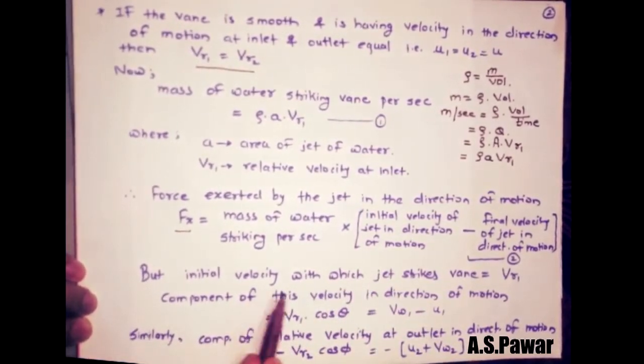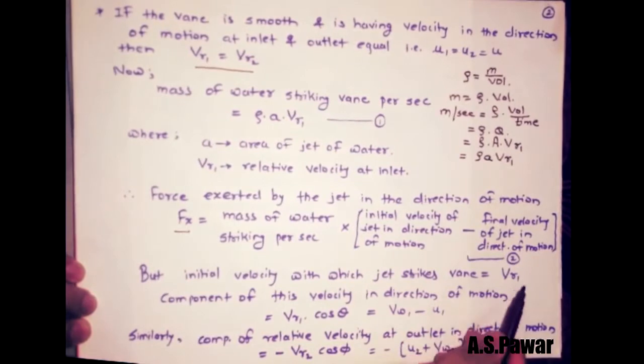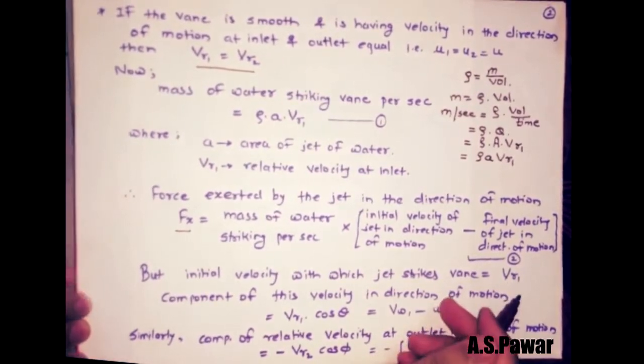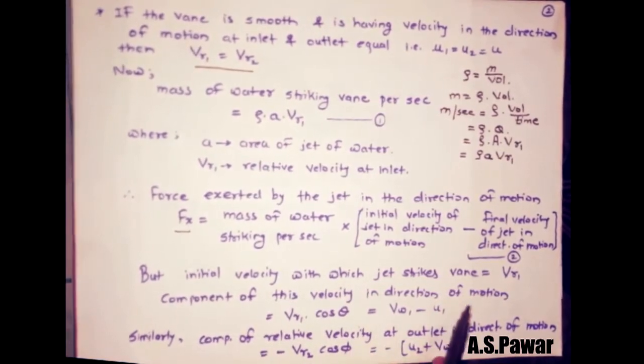First is the initial velocity with which the jet strikes the vane. We have already considered this: it is the relative velocity at inlet, vr1. Now this vr1 is inclined at some angle, and I require its component in the direction of motion. For that purpose we consider the velocity triangle at the inlet.